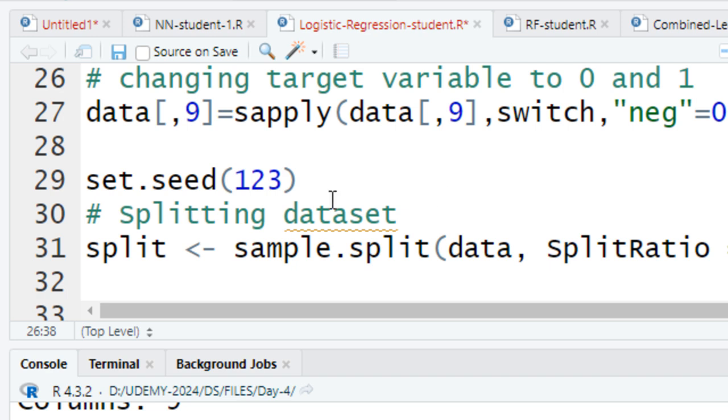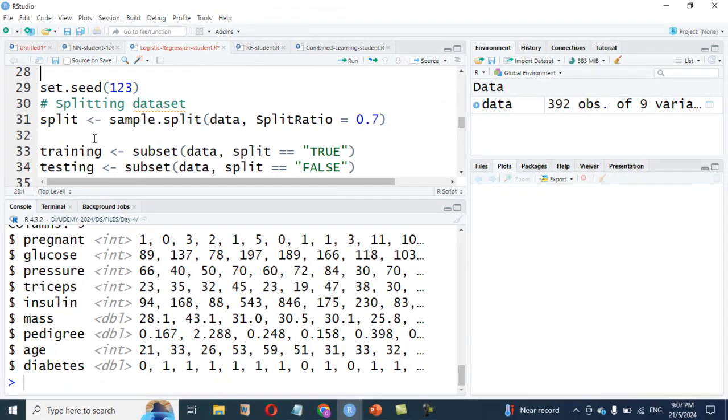All right, so let's now split our data set. We want to split the data set into 70% training data and 30% testing data.